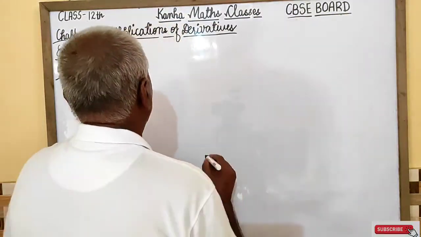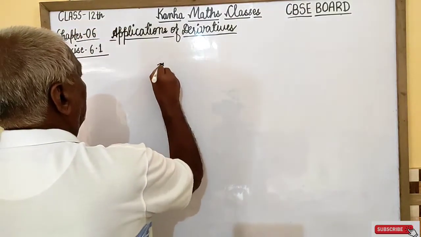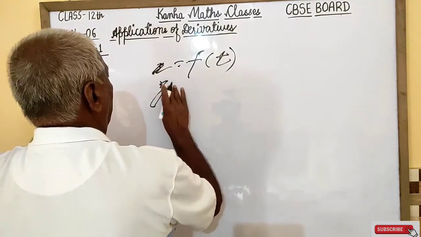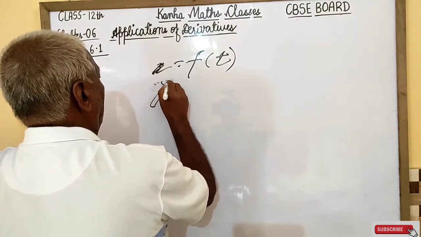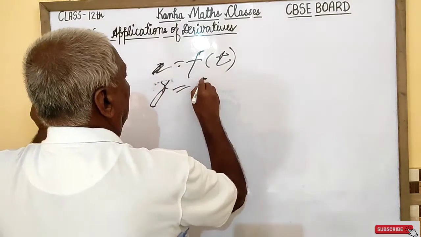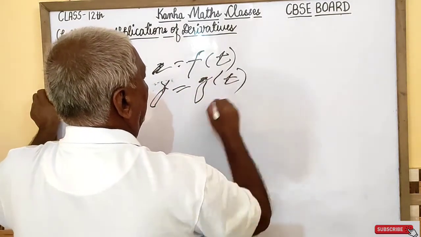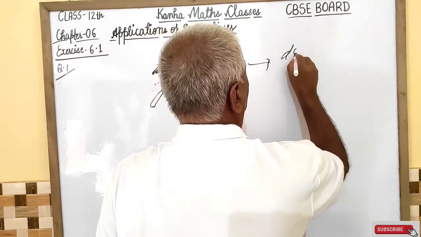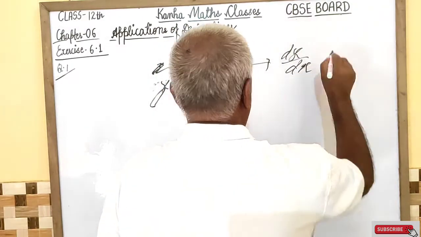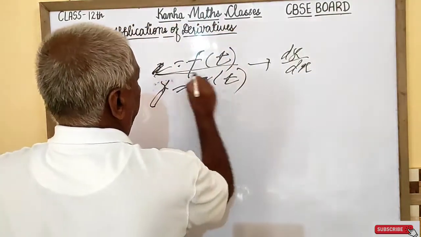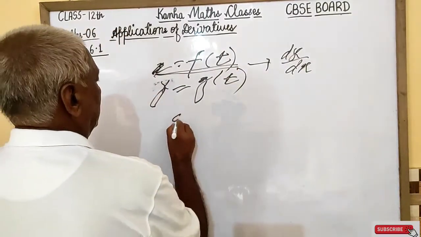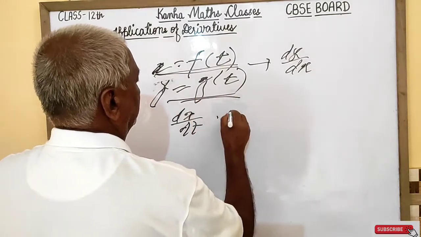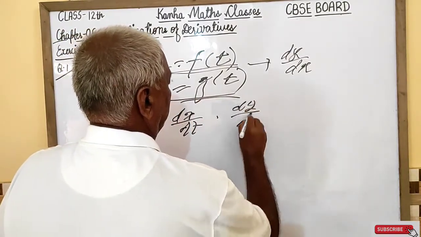Suppose x is a function of t, and y is also a function of t, and from this expression you have to find the value of dy by dx. Then from the given relation we may find dx by dt, and from the other we may find dy by dt.